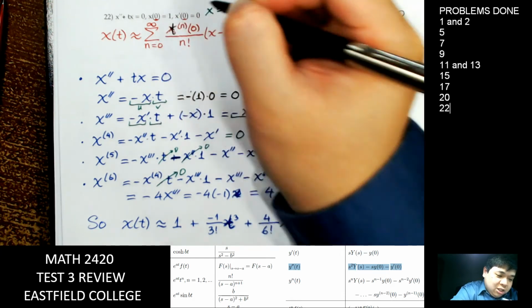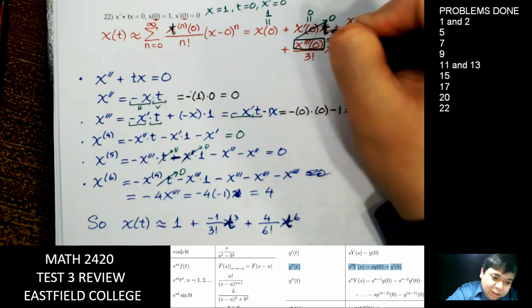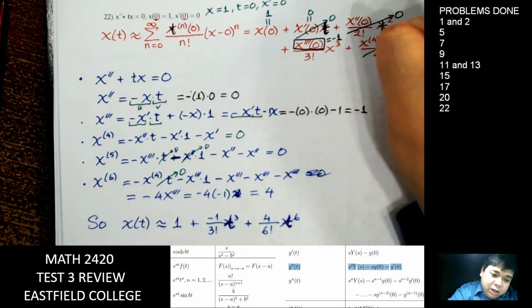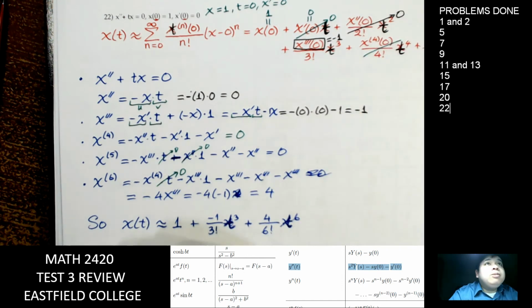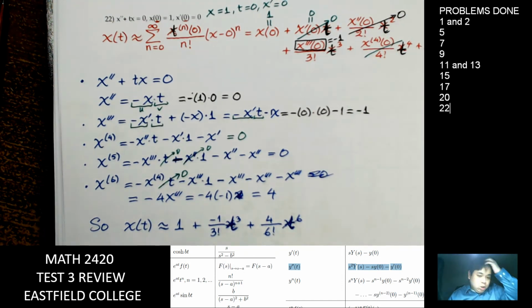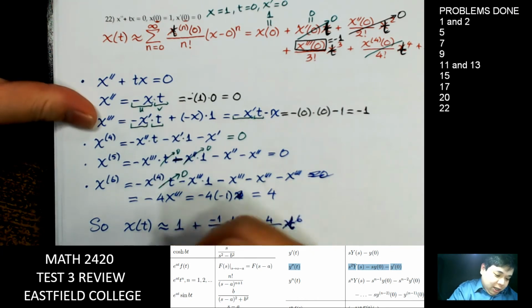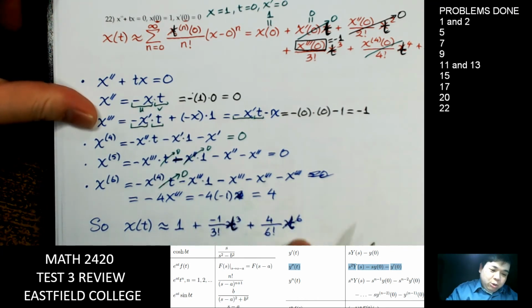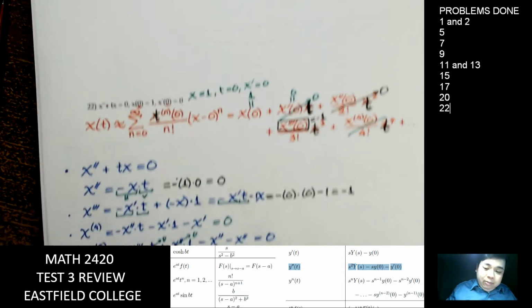That x is correct, but this is t squared, t cubed, and t to the 4th. I shouldn't just change the variable like that. But anyway, so x is a function of t, so that would be t. And that should be this.